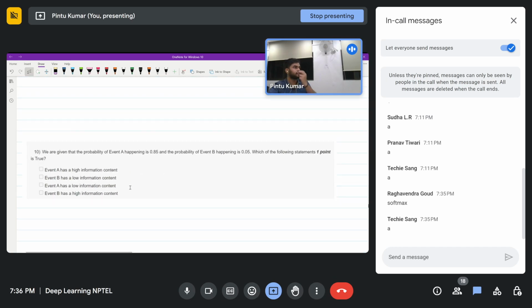This is related to entropy and the things we did. We are given an event A that is happening with 0.85 probability, and the probability of event B happening is 0.05. Which of the following statements is true? Remember the rule: high probability implies low information content.